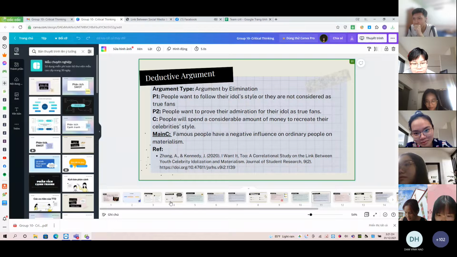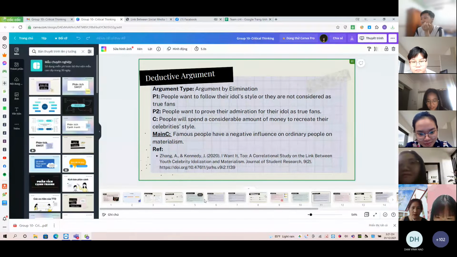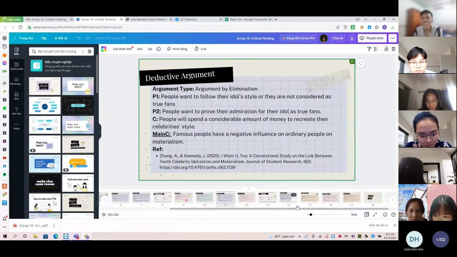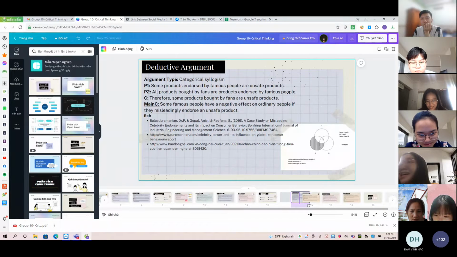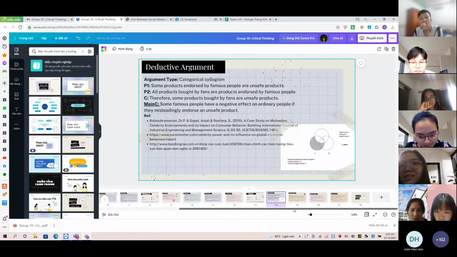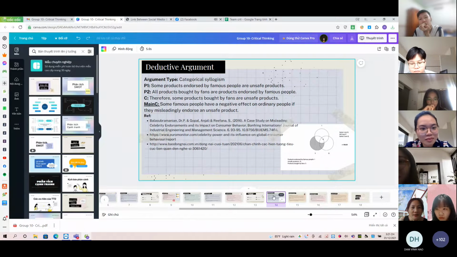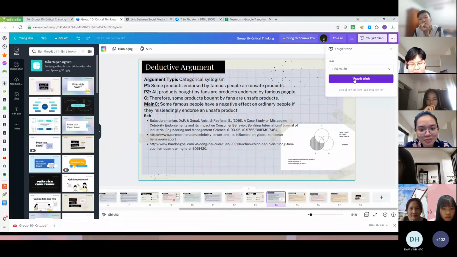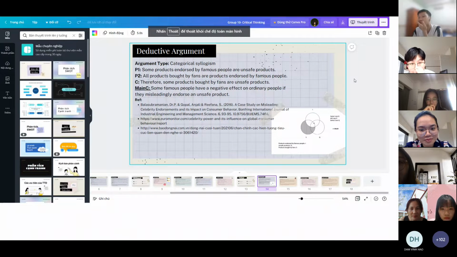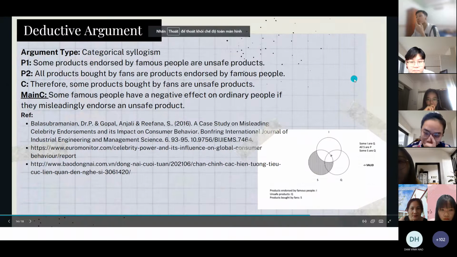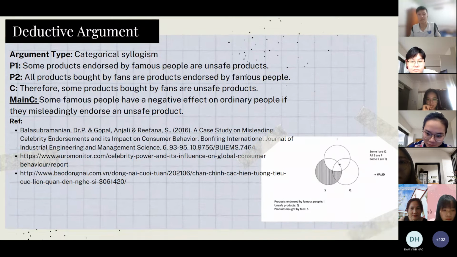Okay, please turn to the categorical, two slides after the elimination. Go to slide 13 or 14. Yeah, that one. Okay, tell me if this is valid or invalid, everyone. Okay, I want group 10 to check first, and then the others say later.